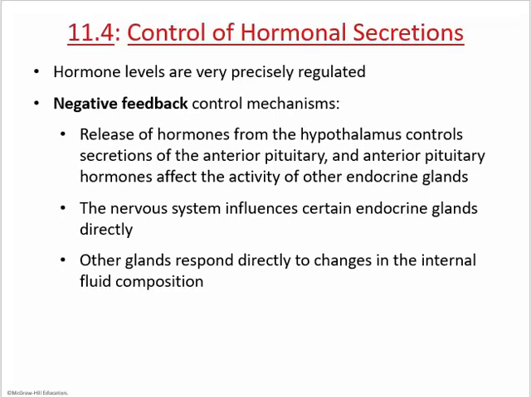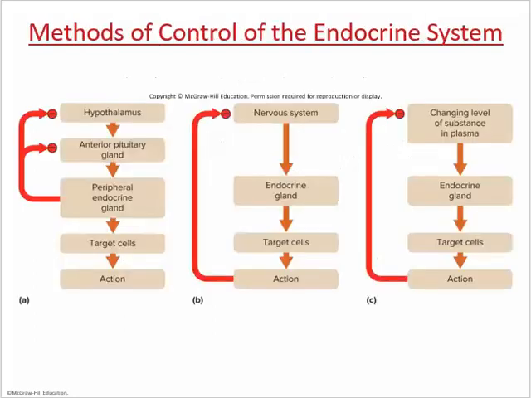The amount of thyroid hormone inhibits the release of the thyrotropin releasing hormone in the hypothalamus and thyroid stimulating hormone in the pituitary gland, so it's a negative feedback. So hypothalamus, pituitary, peripheral, feeds back. The peripheral one goes to the target cells and causes the action.